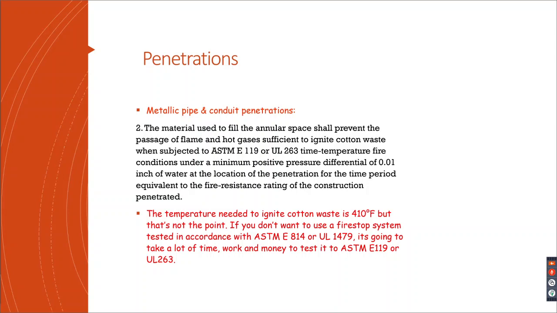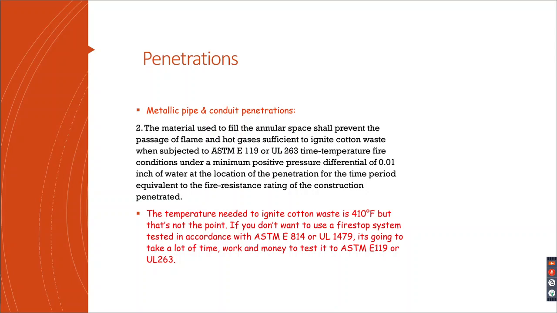So the temperature needed to ignite the cotton waste is 410 degrees, but that's not the point. If you don't want to use a fire stop system tested in accordance with ASTM E814 or UL 1479, it's going to take a lot of time, work, and money to test it for ASTM E119 or UL 263. You might remember from the previous presentation, ASTM E119 or UL 263 is the testing standard that your assemblies have to be tested to.